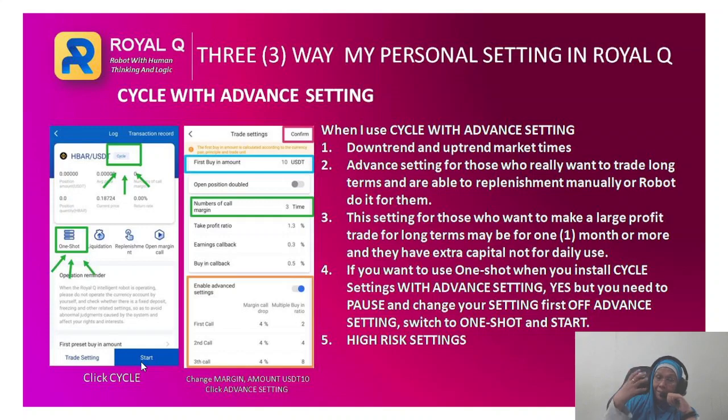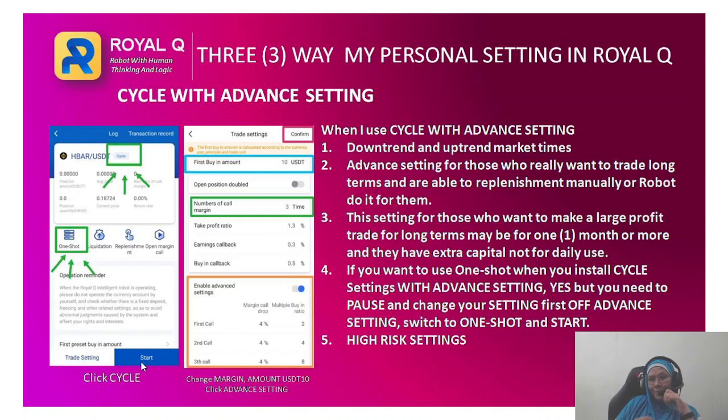When the market is very good, you can get a maximum profit. But you have to understand the risk. Either you make high profit or maybe you lose the profit that you want to make.